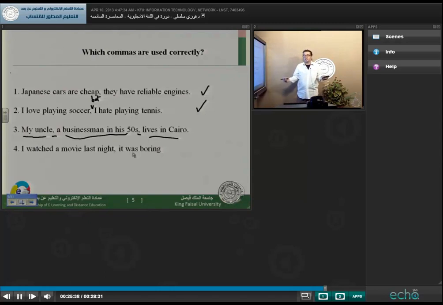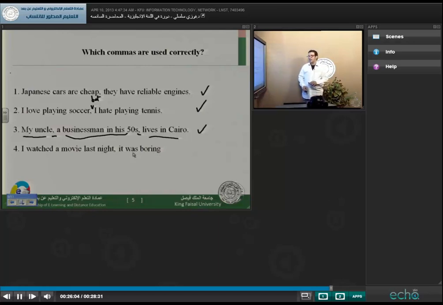It doesn't make sense. But we join them together using these commas, in a proper way, so they make up a full, meaningful sentence. My uncle, a businessman in his 50s, lives in Cairo. This is not a comma splice. This is a correct use of the commas.